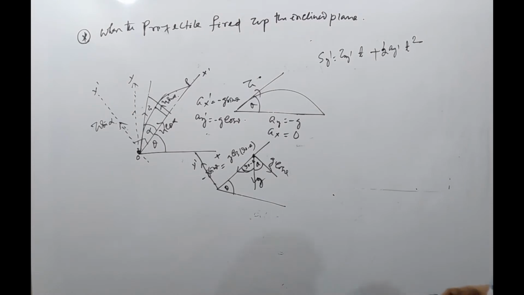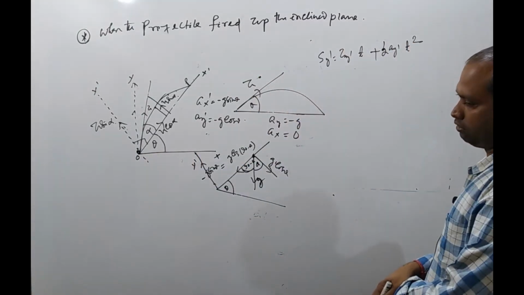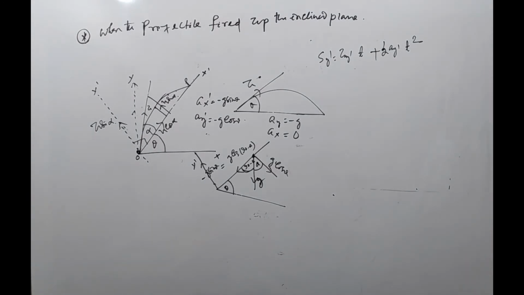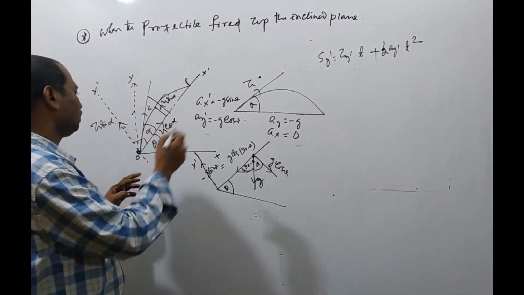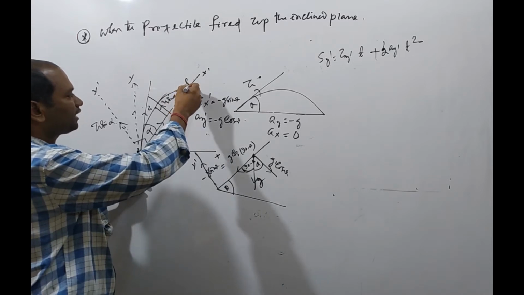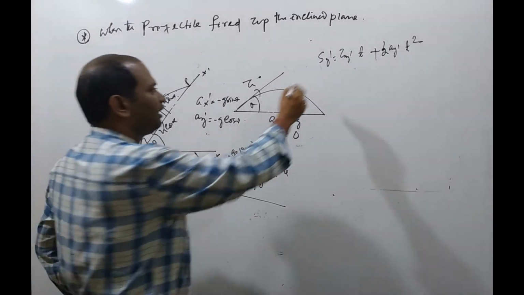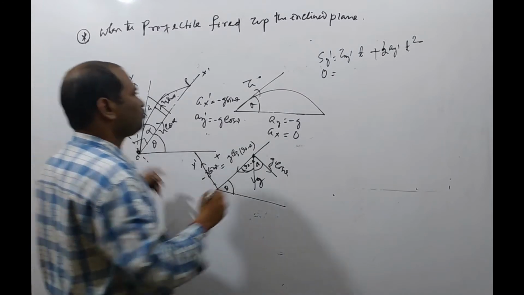S y dash will be 0 when the body reaches from this point to this point. When the body reaches this point, its displacement in the y dash axis is equal to 0. And u y dash, the initial vertical velocity, is u sin alpha.